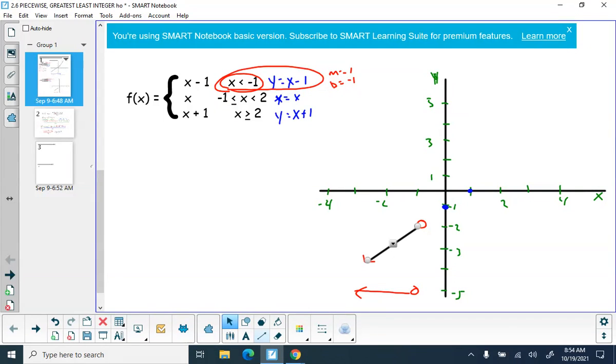Once again, once you've done a few of these, you'll start anticipating and not having to go too far in regards to your graphs and erasing as much. Y equals x, slope of 1, y-intercept is 0. So we go up 1 to the right 1.